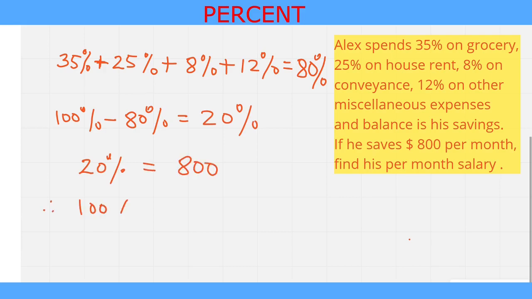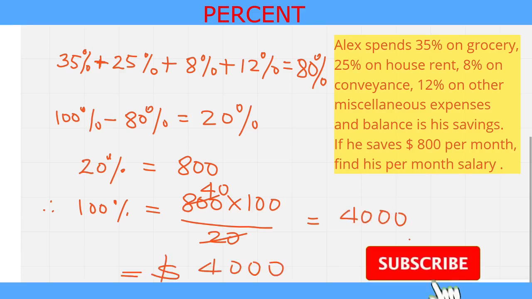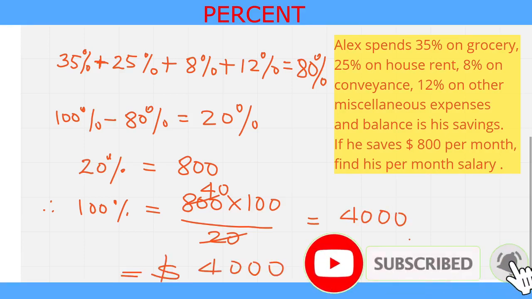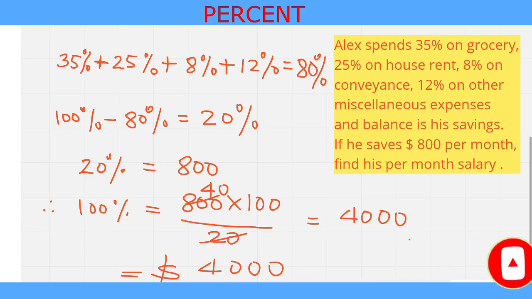Therefore, 100% equal to 800 multiplied by 100 upon 20. 20 divides 800 for 40 times, and 40 multiplied by 100 is 4,000. So his salary is $4,000. This way we have to solve the question of salary.